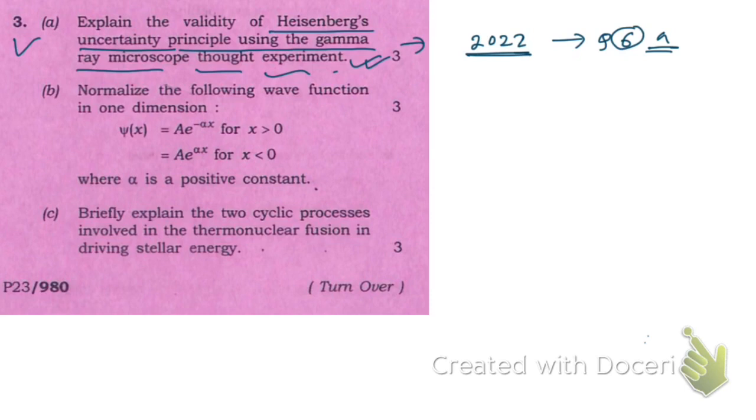Check that question number 6A of the 2022 paper C9, right? Now let's move on to question number 3B. Its answer is this one. Let me show you here.